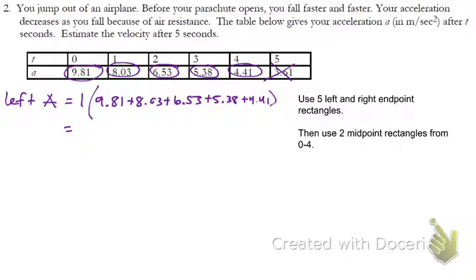I got, if I did this correctly, 34.16. So my estimated velocity after 5 seconds is 34.16 meters per second.